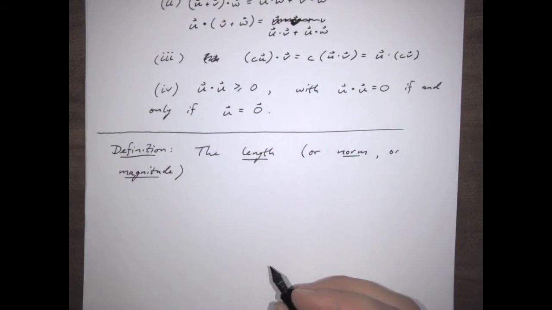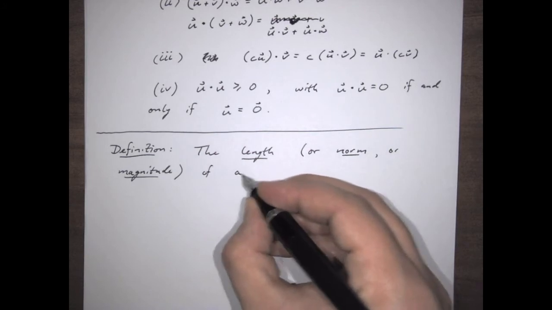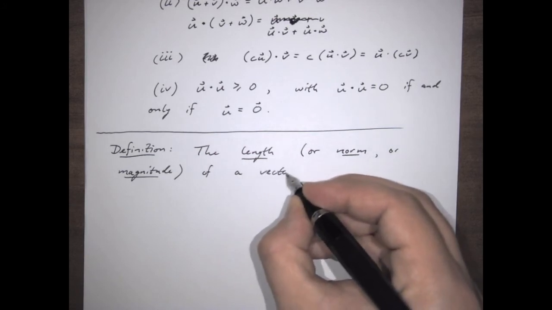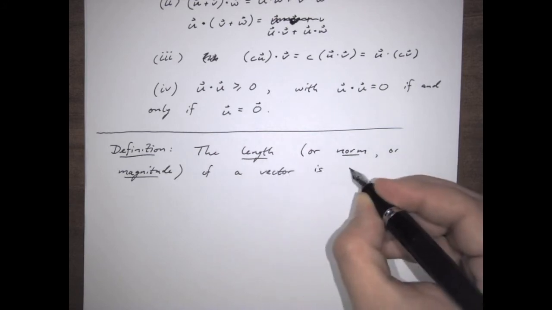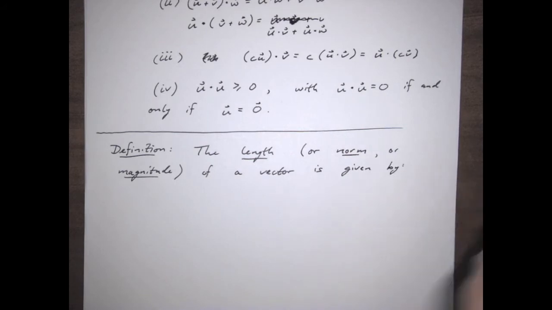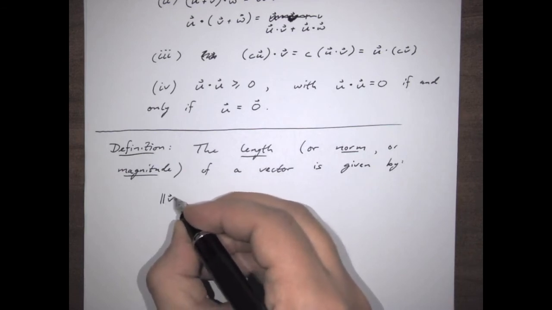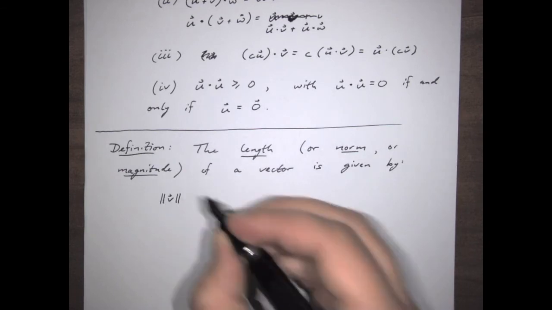That's more a thing that you use to refer to complex numbers. So the length or norm or magnitude of a vector is given by, so the way we can write it, there are different notations. This is a double absolute value bar.